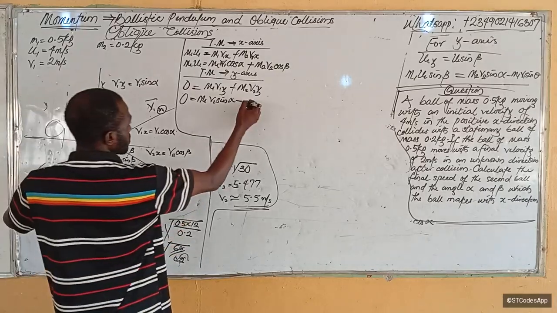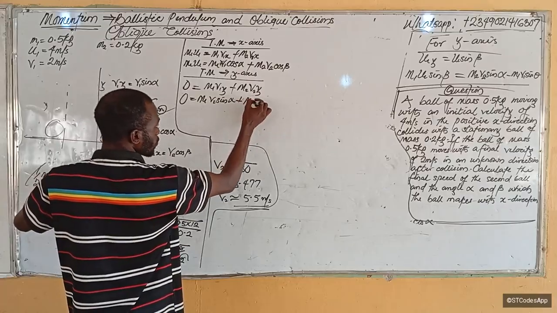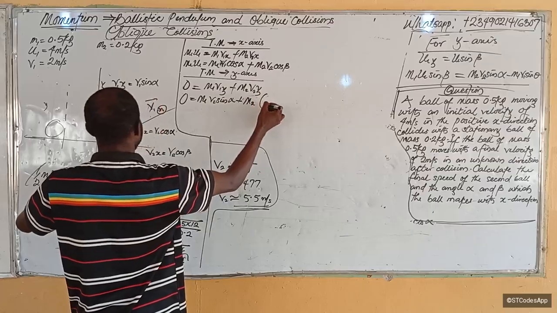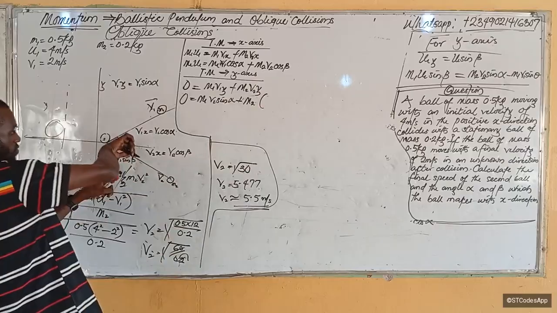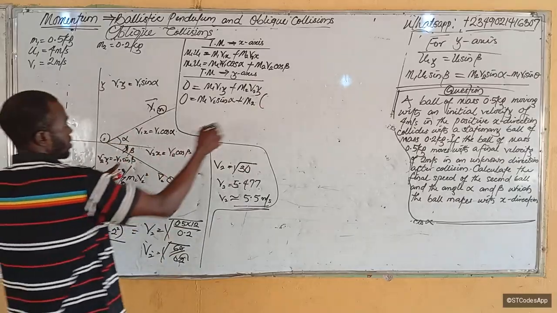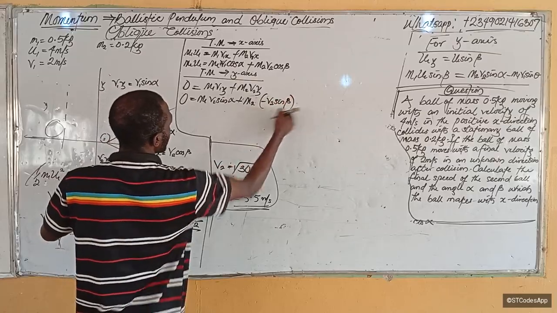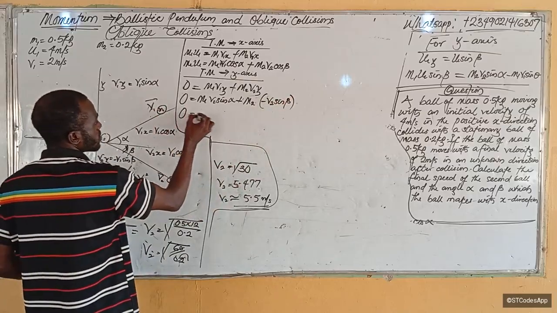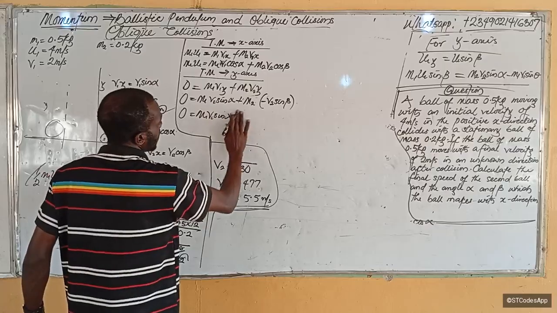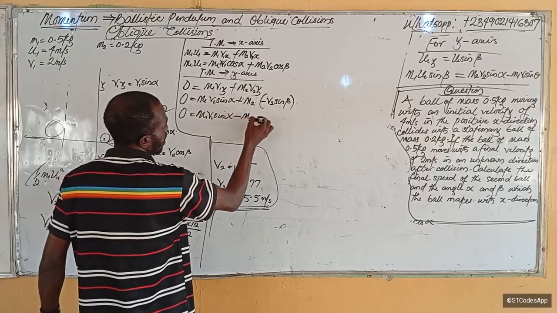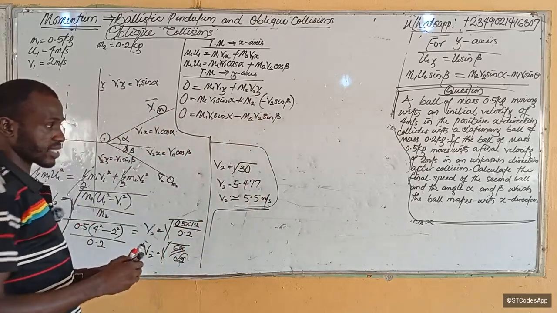Because of this minus, I already put it here, plus m2 times v2y is this, right? Because we are resolving this here, we are opening beta. That will be minus v2 sine beta. So in which case we are saying that 0 is equal to m1 v1 sine alpha plus minus m2 v2 sine beta. Is this clear now?